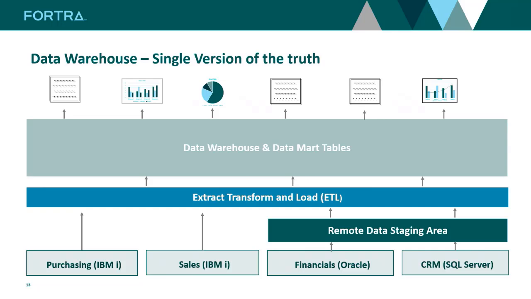When we introduce a data warehouse layer, we push all of that complexity to a controlled backend. No longer do we have standalone solutions. Everything flows through the data warehouse using the same technology with standardized business rules and validations in the ETL layer. Your front-end query and reporting tools, such as SQL Data Access, now point to the purpose-built, much simpler data warehouse that's a single version of the truth.